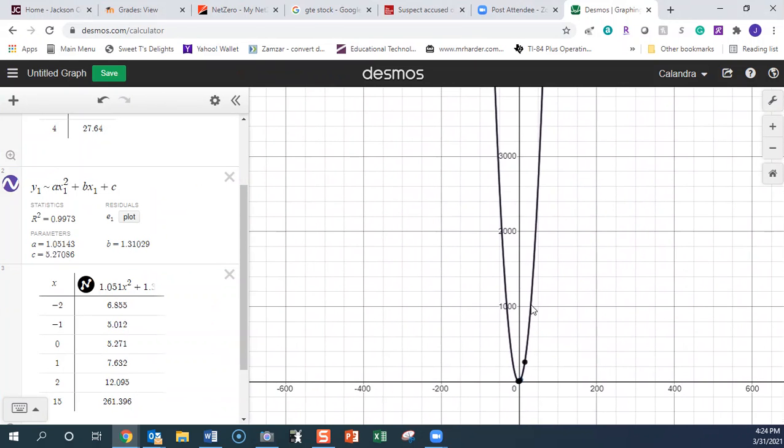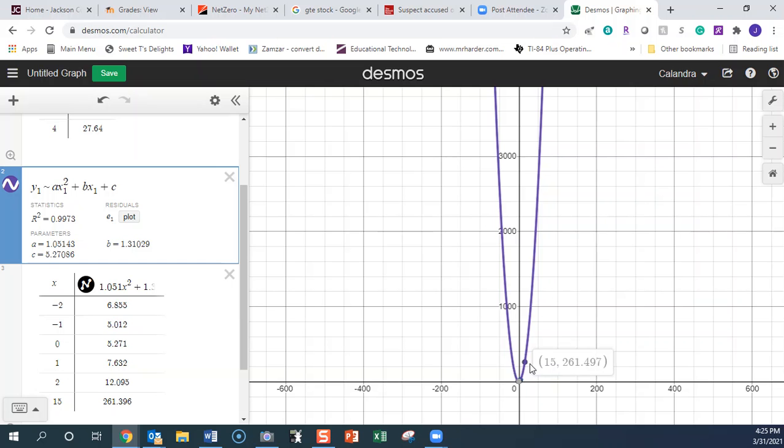All right, there we go. And we need to get down here to 15. At 15, we get 261.497. So it's very, very close to what we had before.